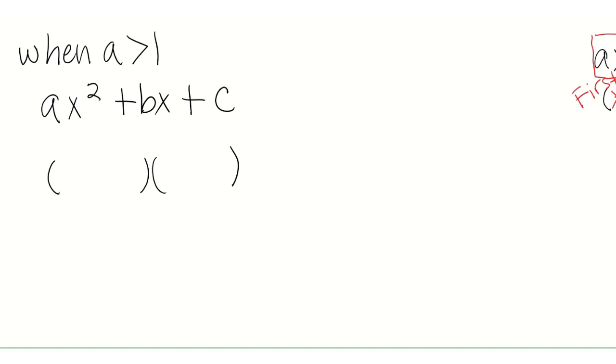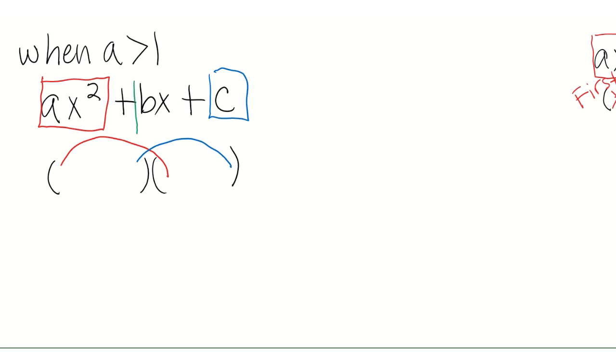So what we're going to want to do is get this in the first. We're going to want to get our c in the last, and we're going to want to get our b in the inner, the sum of the inner and the outer.